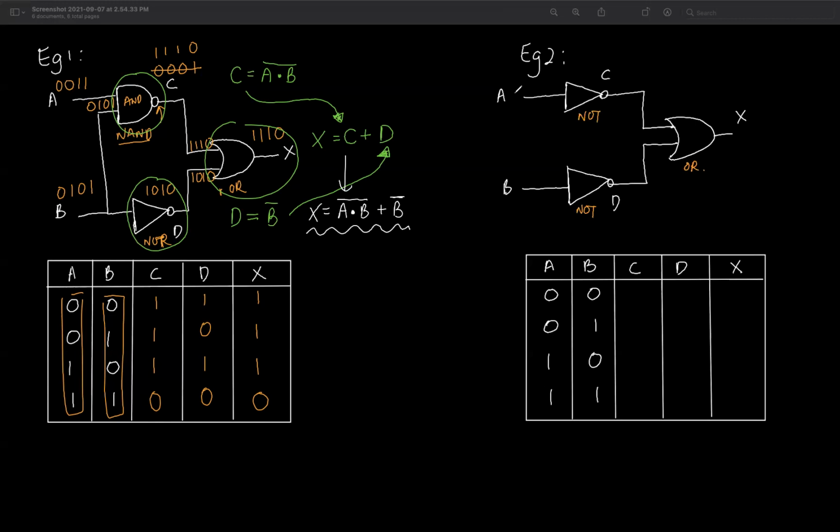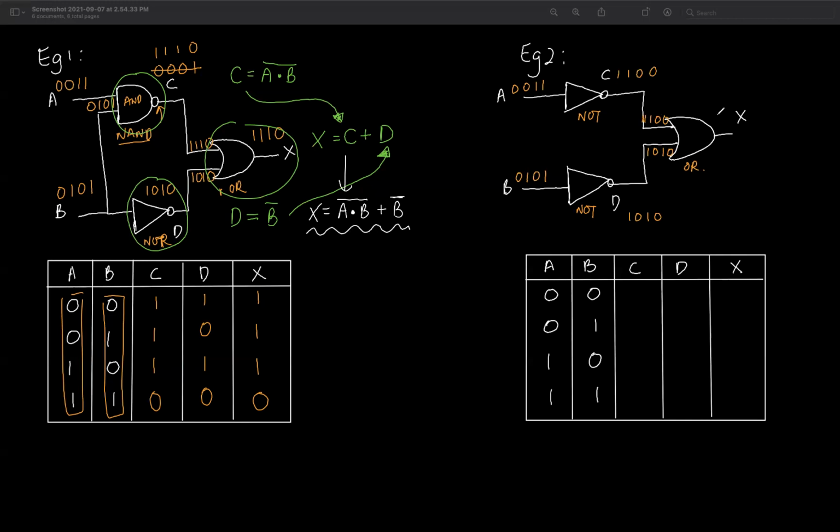A is 0011, B is 0101. Let's find C. C is a NOT gate, so I just inverse it, 1100. This one, NOT gate, inverse it, 1010. Then this one goes to X. So 1100 here, and this is 1010. You follow the line, it goes here, so it's the same thing as here.